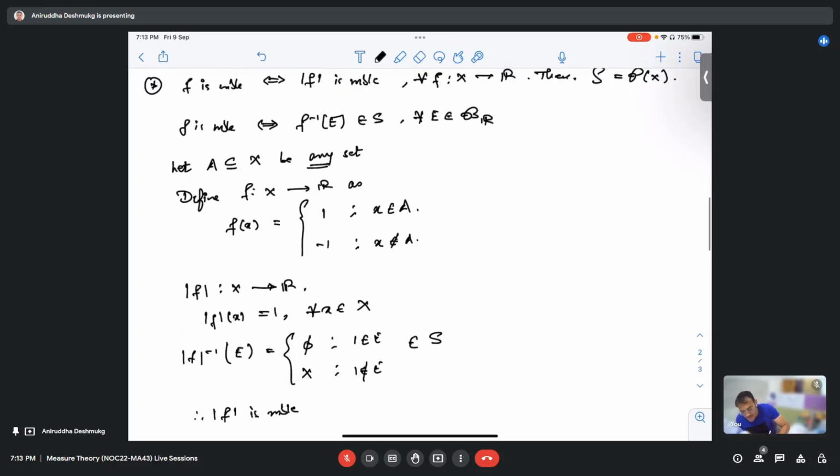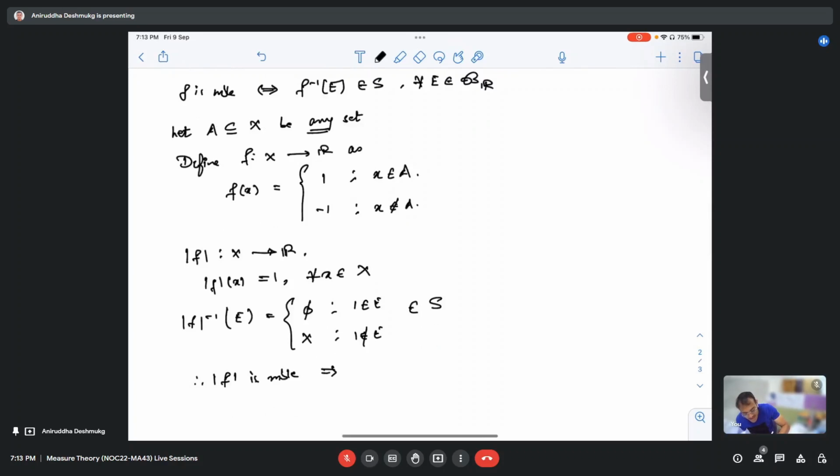But then by hypothesis, what do we know? This is the same as saying that f is measurable, right? It said that for every function f from X to R, this result is true. But then for this function also this is true, right? Because mod f is measurable, f is measurable.